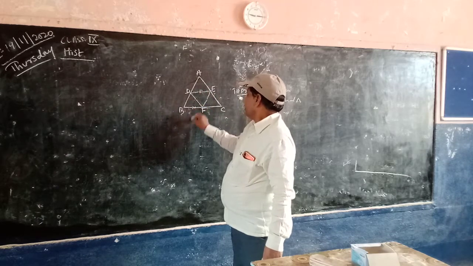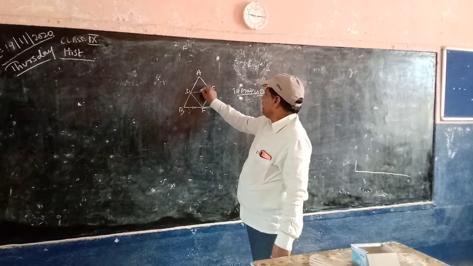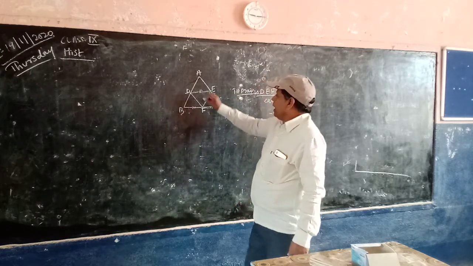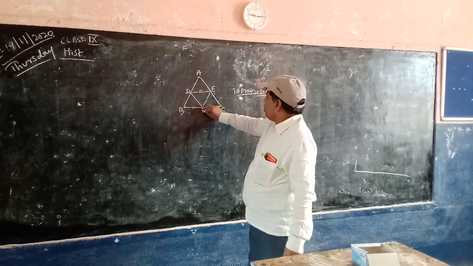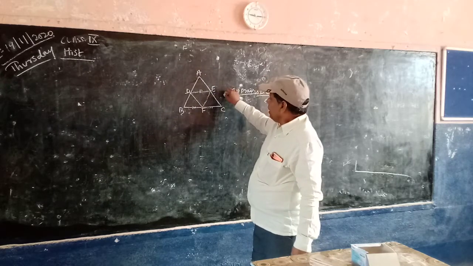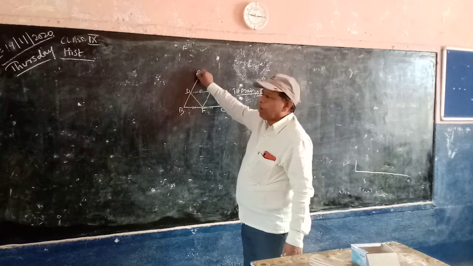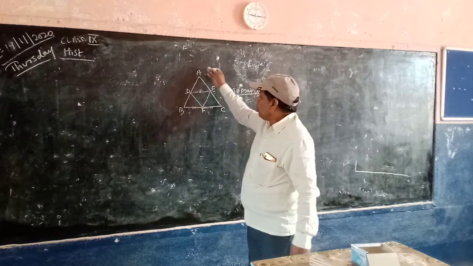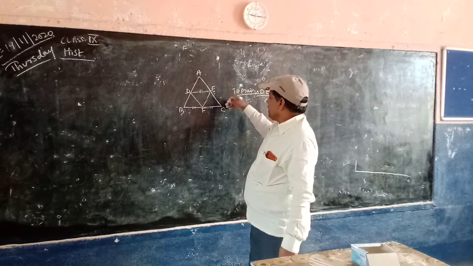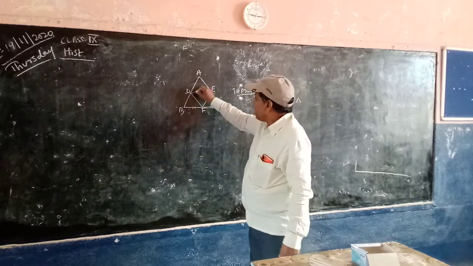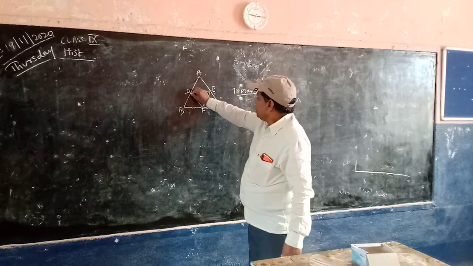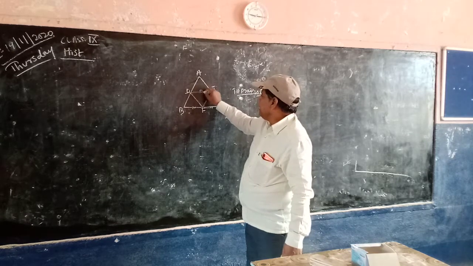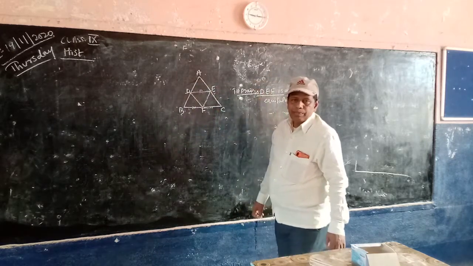And DF is equal to half AC, and EF is equal to half AB. All the sides are equal. So AB, AC and BC are equal. So DF, EF and DE are equal.